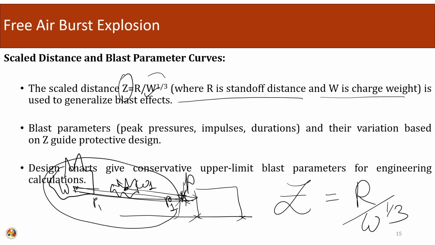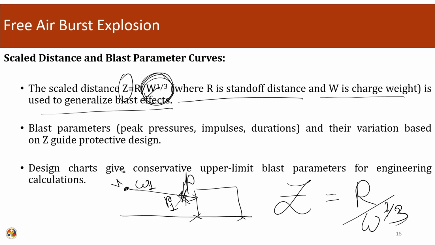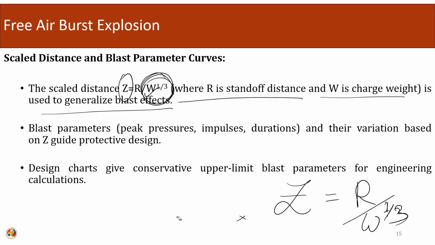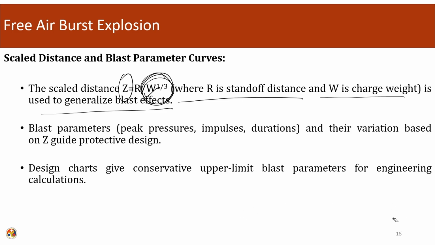Since we normally consider spherical charges, this cubic root is used in order to change from the volume to the normal charge. So, this term is used to generalize the blast effect. It simply means that different weights and different standoff distances will produce the same effect of the blast pressure. So, this term is used to find that equivalency.